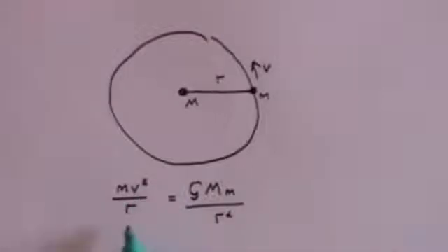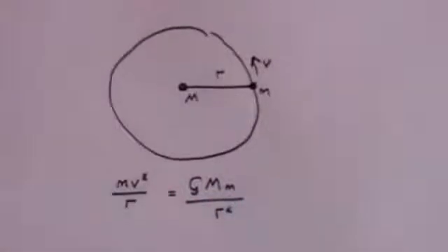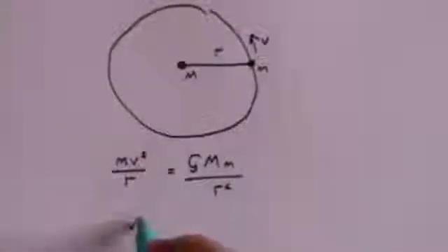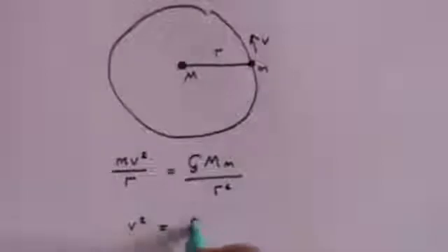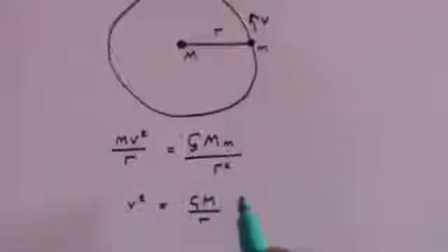And so the centripetal force is equal to the gravitational force. And you will see that the little m's cancel, and if you rearrange the formula you will find that v squared is equal to GM over r, G capital M over r.